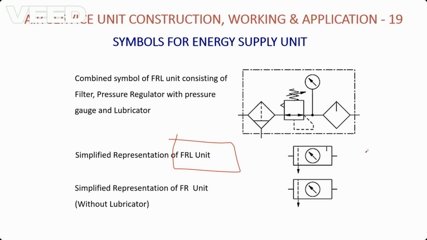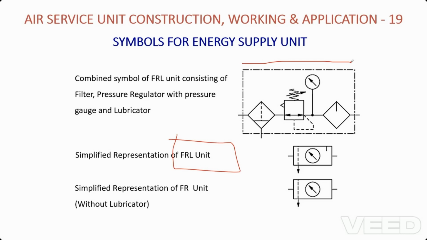One more thing we need to understand: in pneumatics or hydraulics, in fluid power, if a symbol is indicated in dotted line, it indicates that two or more components are combined together to make a single component.